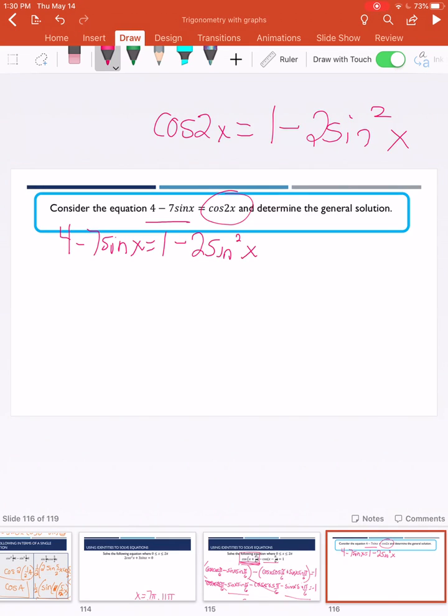Now I can rearrange this. I'm going to bring everything to the left side so that I have a positive 2 sine squared x minus 7 sine x. And then I'll subtract that 1 over. 4 minus 1 is going to give me a positive 3. From here, I can just factor. Let's substitute a in for sine x so that it's easier to factor.